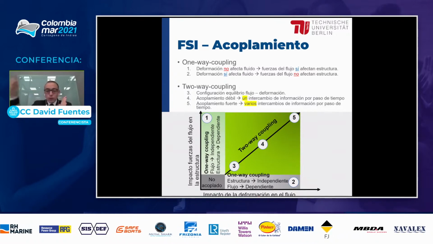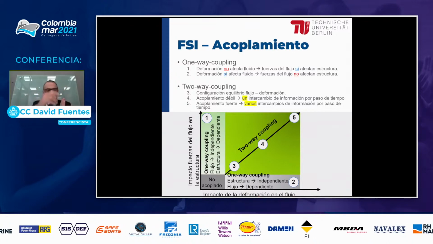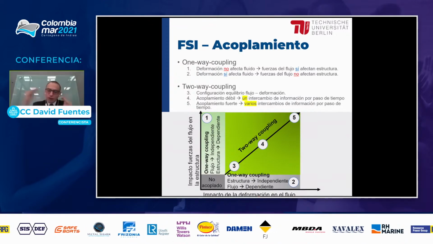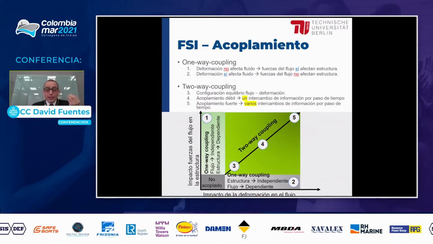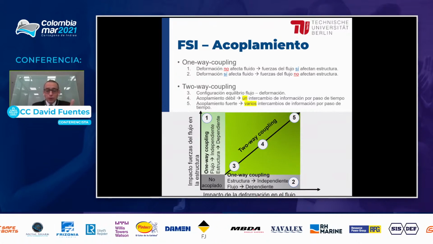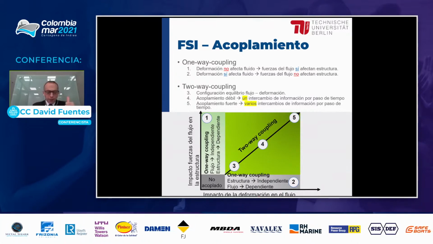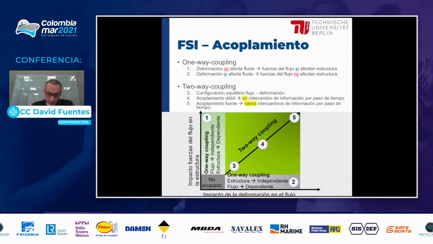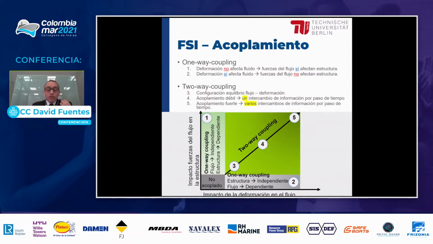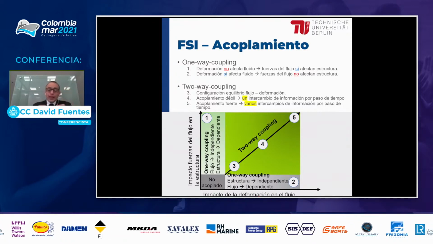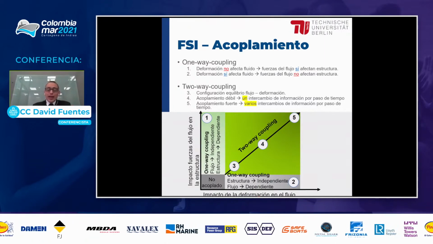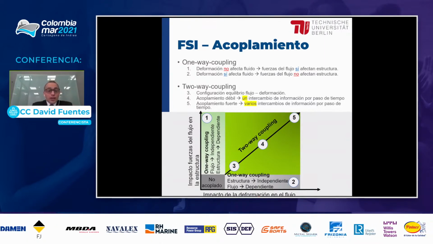At the end of the day, this obstruction will find balance, the deformation will be stable, and the weak coupling, the deformation in time, and this is used for aeroelasticity, and we have the strong coupling that's implied because we have different interchange of information in time, and this affects elasticity.